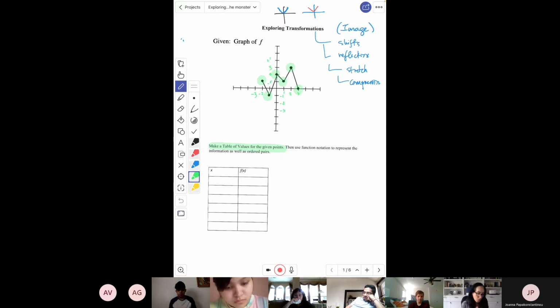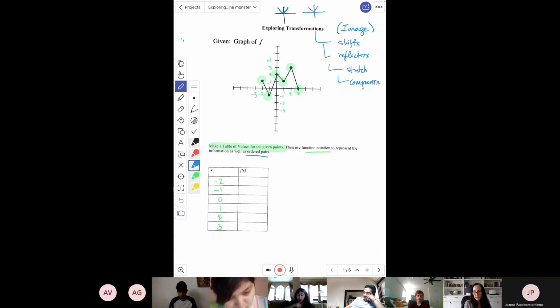Okay. So if I were to look at my table of values, I'm going to look at when x is -2, -1, 0, 1, 2, and 3. I do want to use function notation to represent this information as well as ordered pairs.